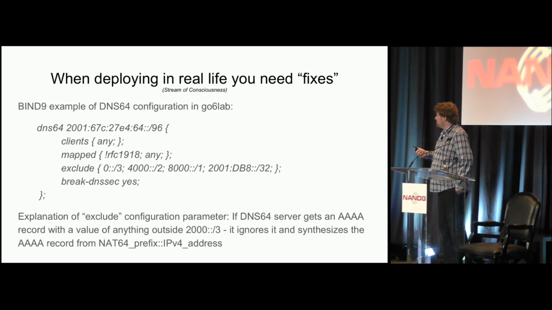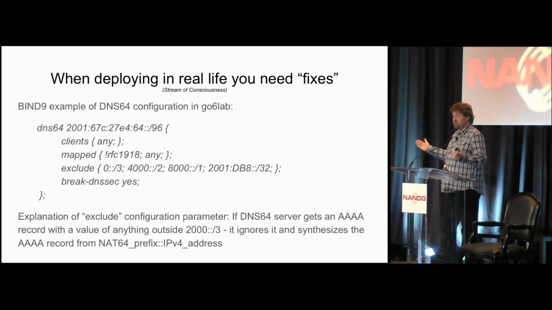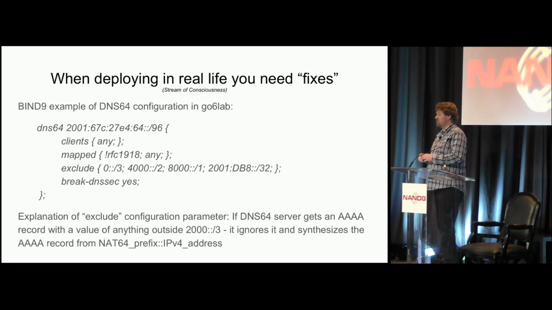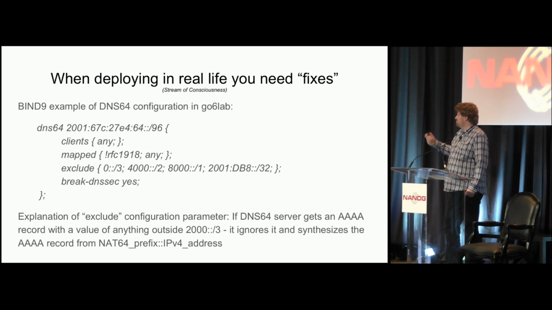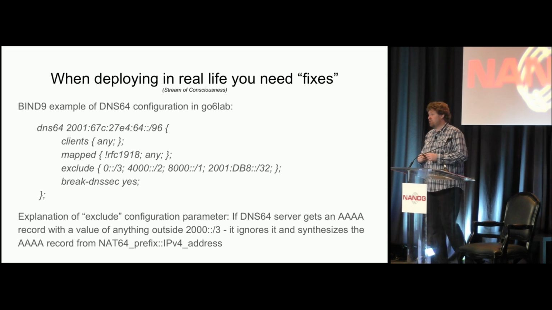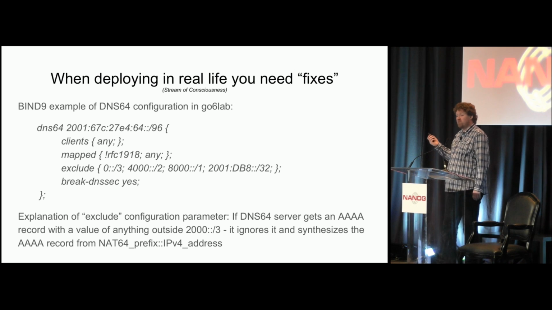This is an example of how you can do that. You can just say, okay, we have DNS64 in BIND, but you can just exclude, for example, everything that's outside of the 2000::/3 range. So this would fix it for your customers. So if you're deploying NAT64, this is what you want to do.